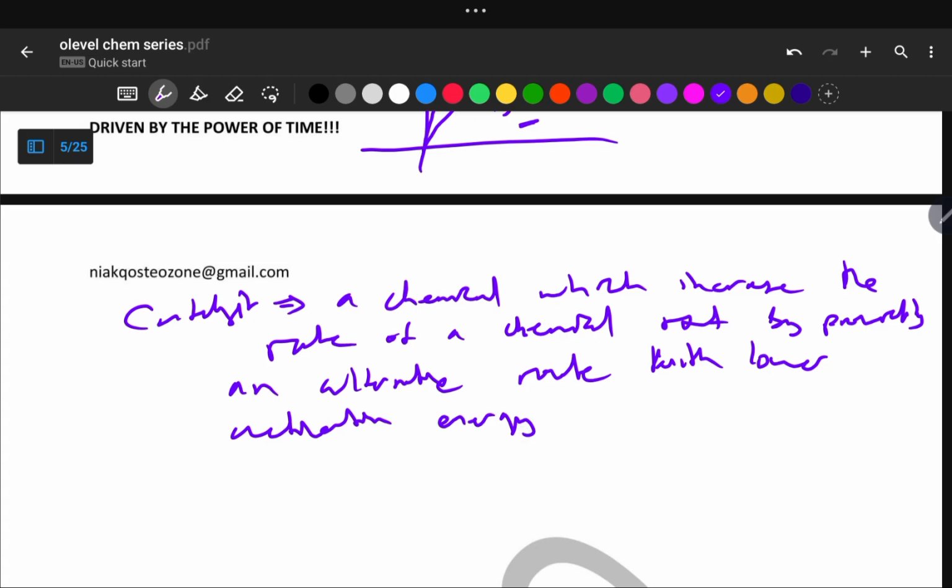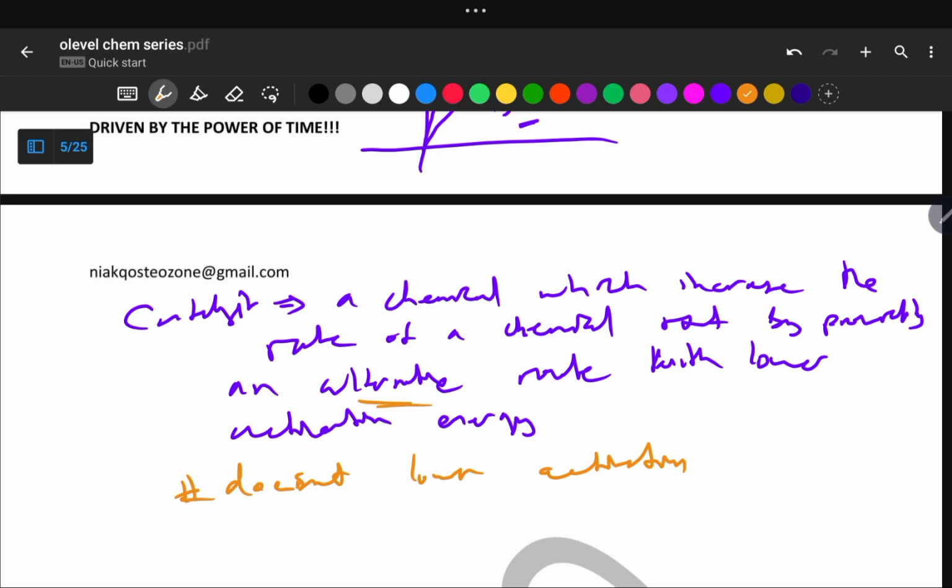A catalyst doesn't lower activation energy. You need to take note of that one, right? It doesn't lower activation energy, but it provides an alternative route with lower activation energy.